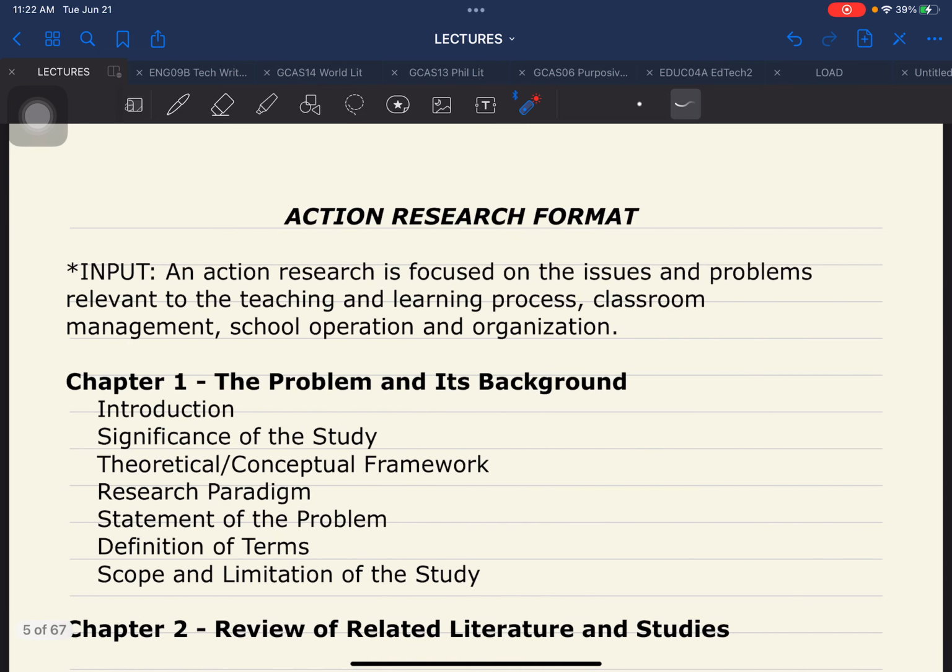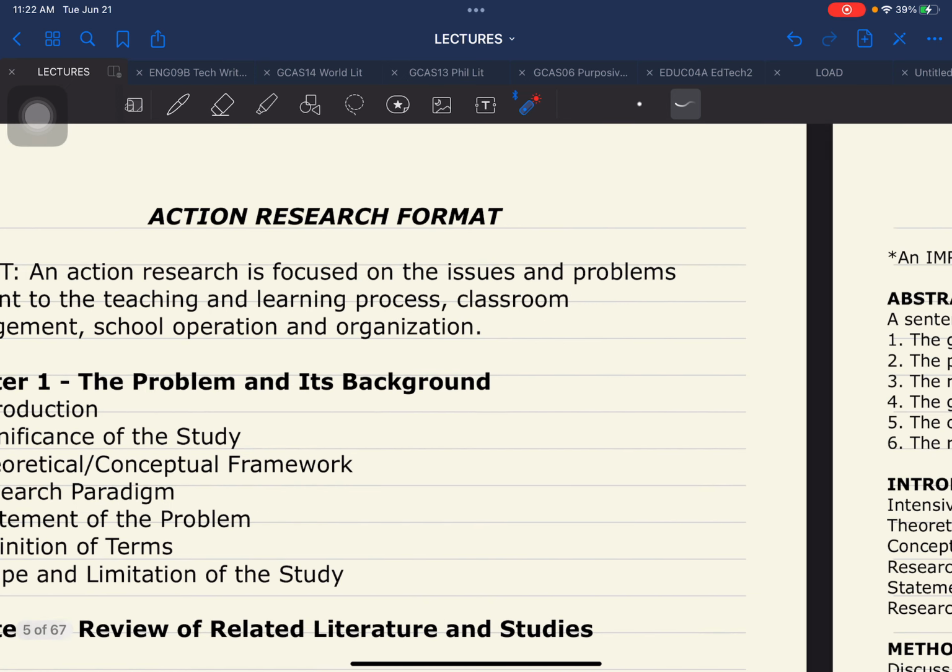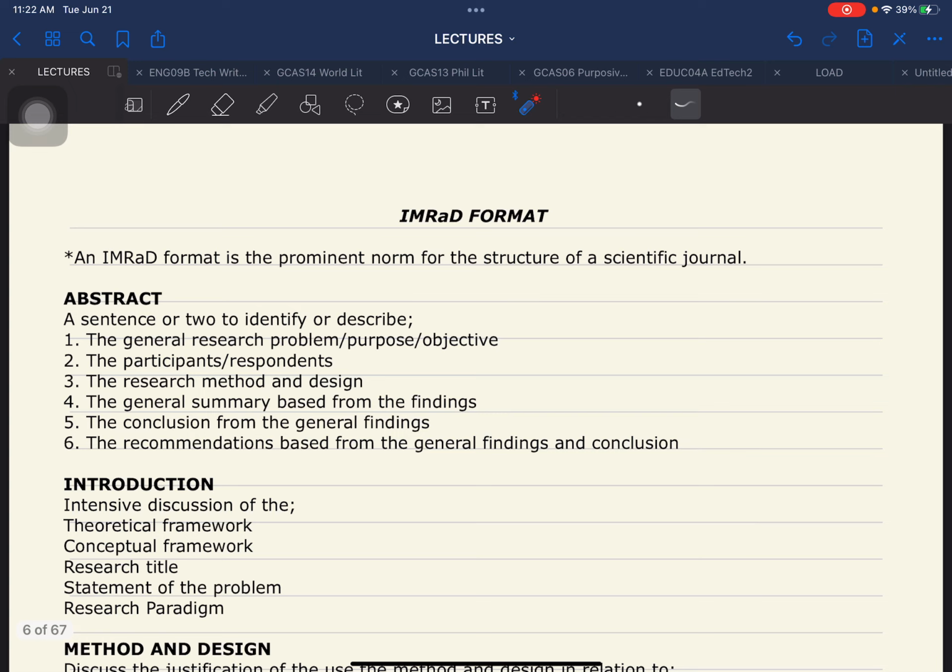Okay, you cannot publish your study using the full research format and then submit it in a journal. That particular journal will require you to follow the IMRAD format, which basically started with the APA format, or was previously known as the input body conclusion format, or the IBC format.